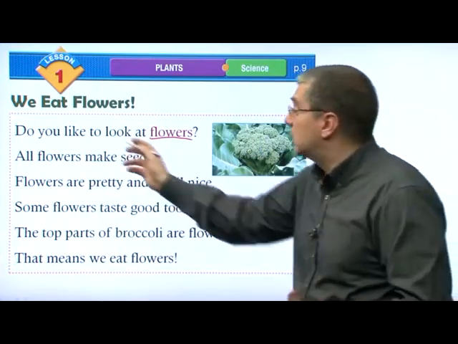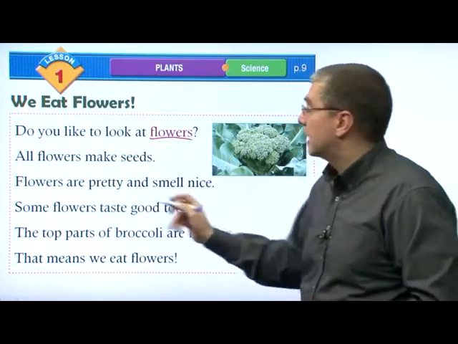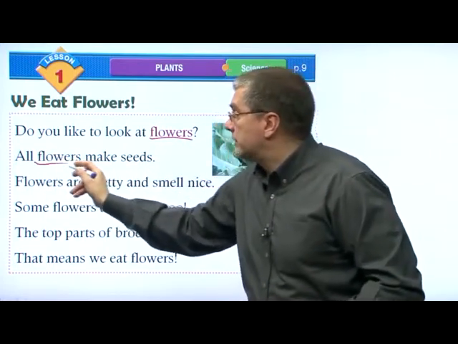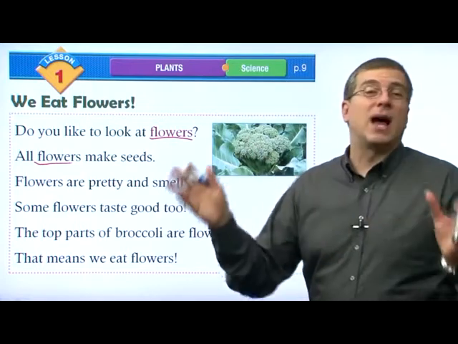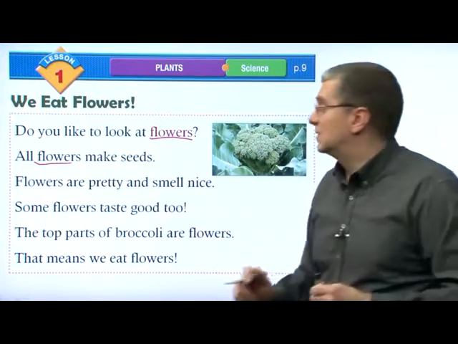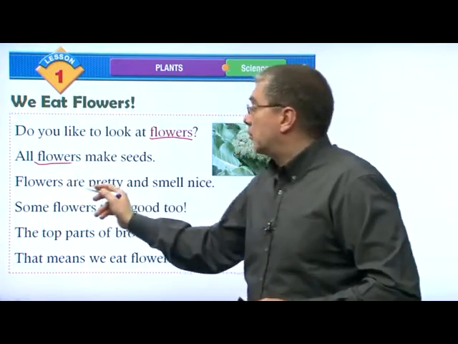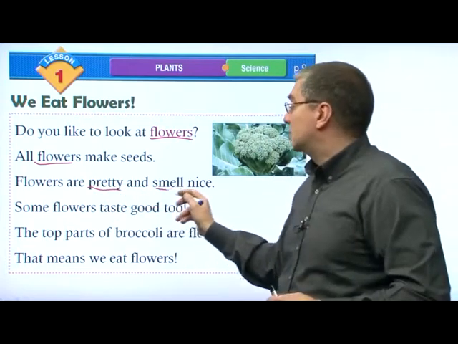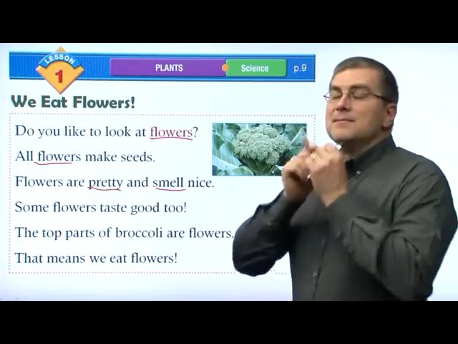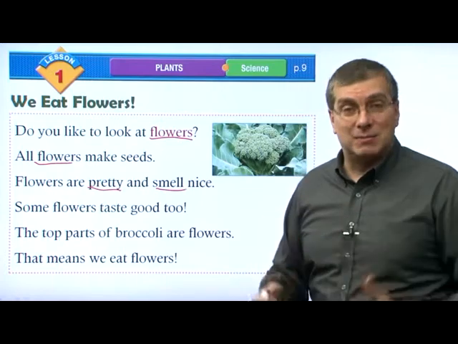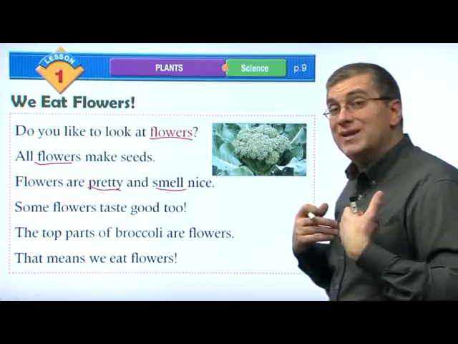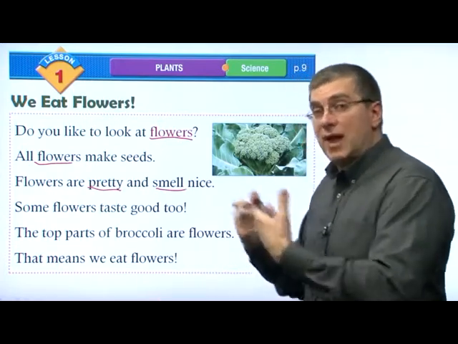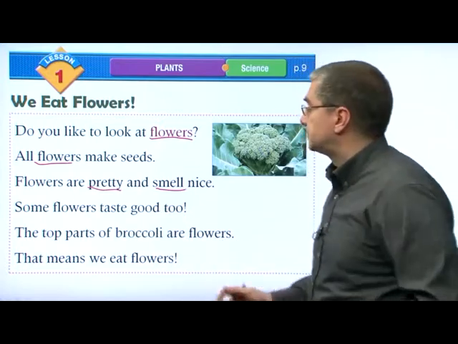We like to look at flowers. All flowers make seeds. Flowers are pretty and they smell nice, right? When we smell a flower, it smells good.